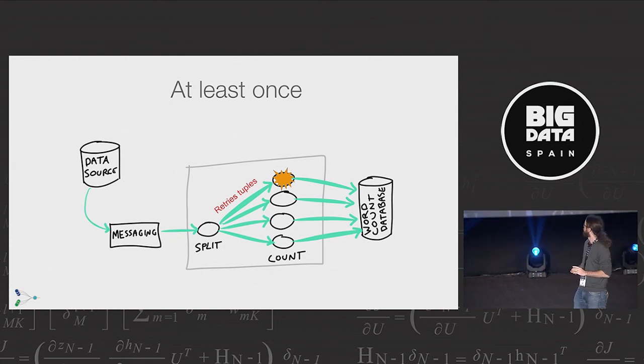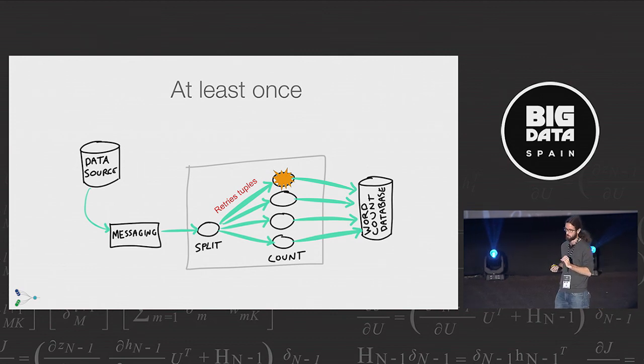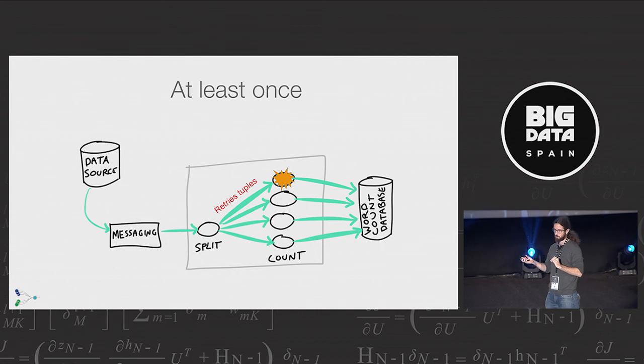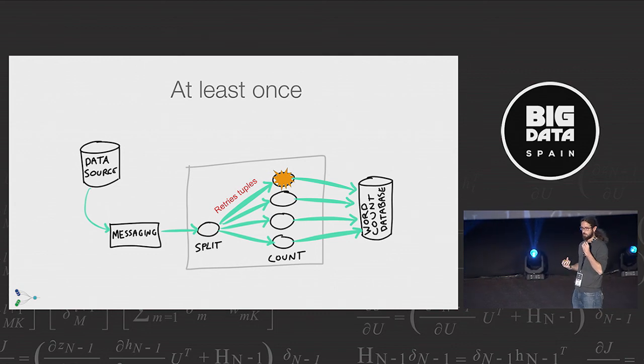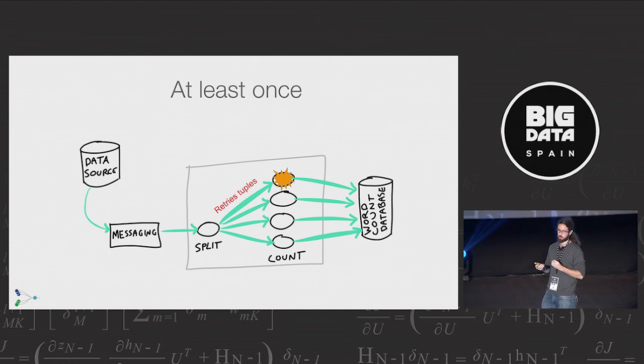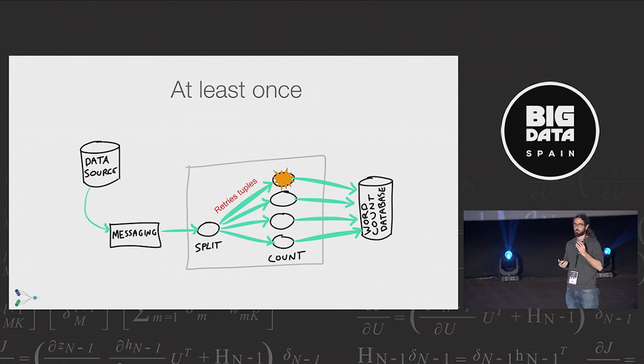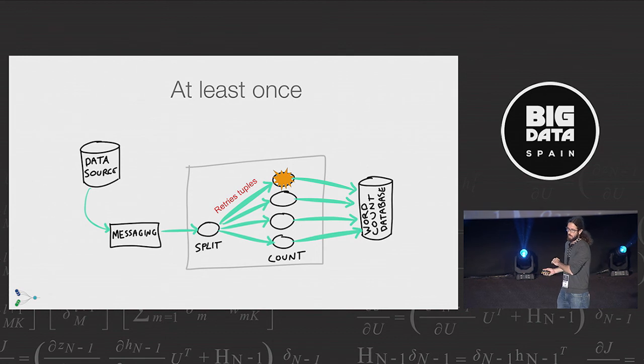At least once is a bit more complex. With at least once, the sender, in this case the split node, and the receiver, in this case one of the count nodes, have an agreement protocol between them, that the split node will not forget about a message it has sent until the count node has acknowledged it. So the count node will periodically dump its state into persistent storage somewhere, and when it knows that the state has hit persistent storage, all the messages which contributed to that state can be acknowledged to the split node, and the split node can forget about them.